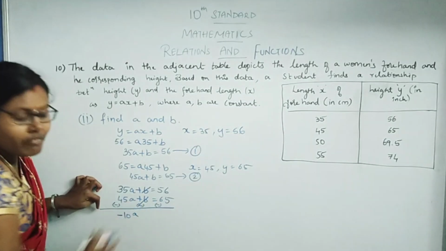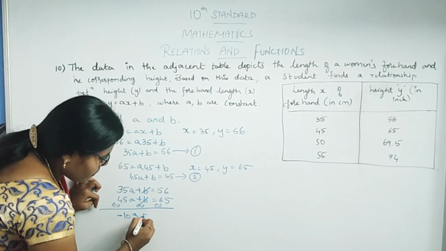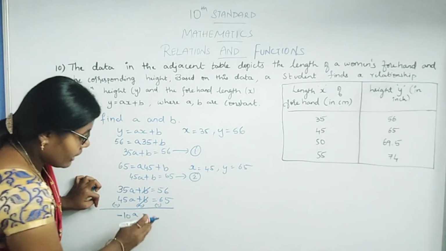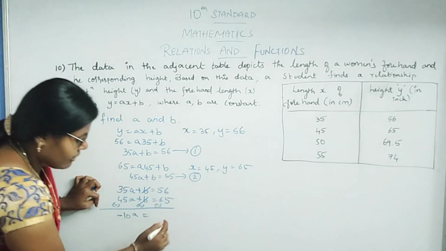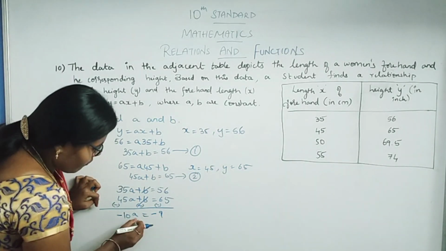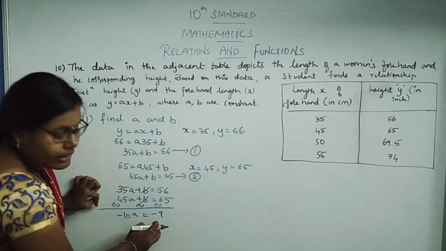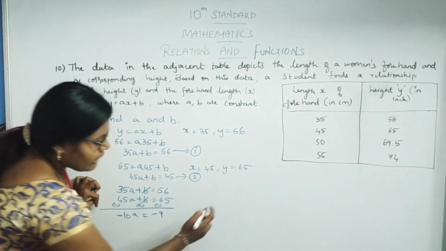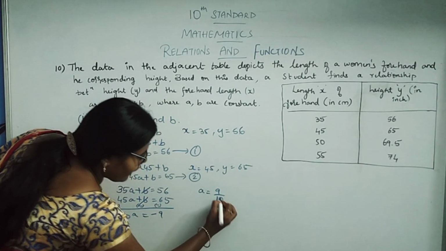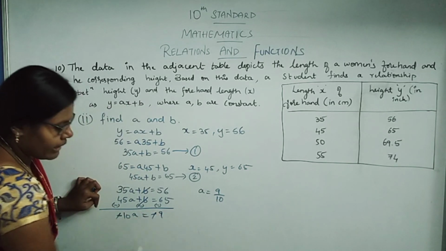Plus b and minus b get cancelled, equals 56 minus 65, which is minus 9. If I keep a here and shift 10 that side, it becomes divided by 10. That is a equals 9 divided by 10, and minus and minus get cancelled.